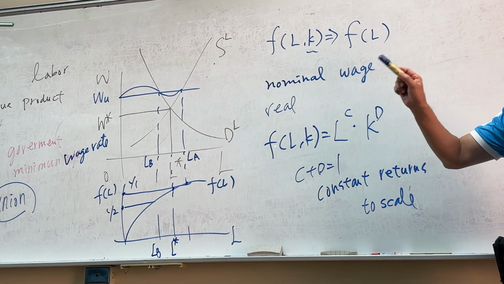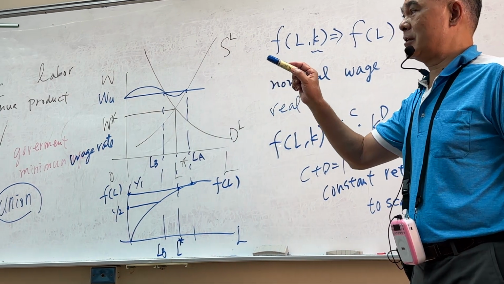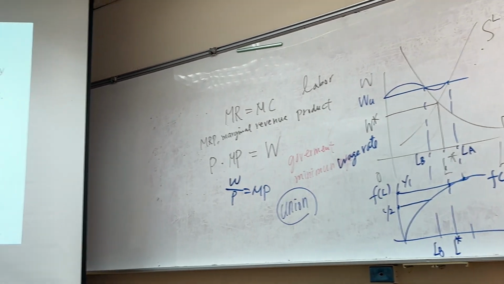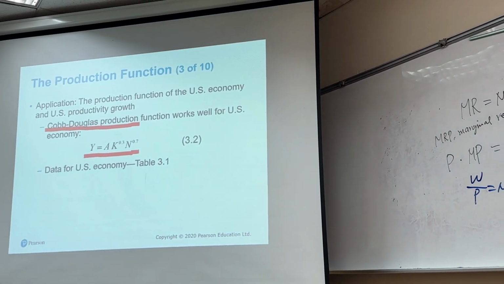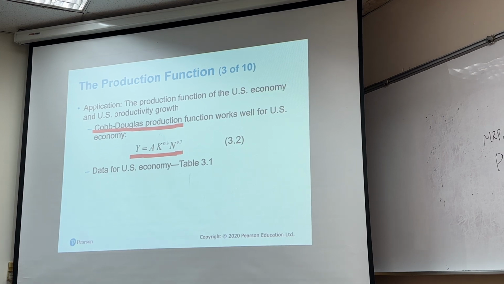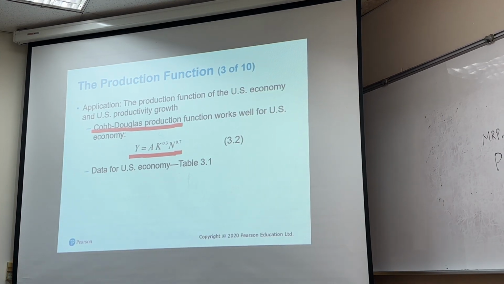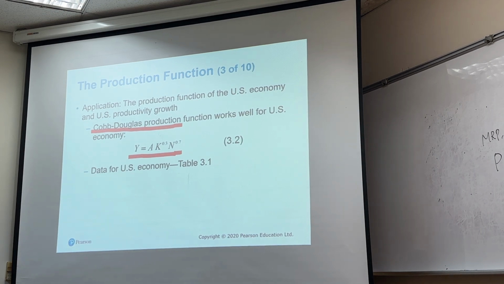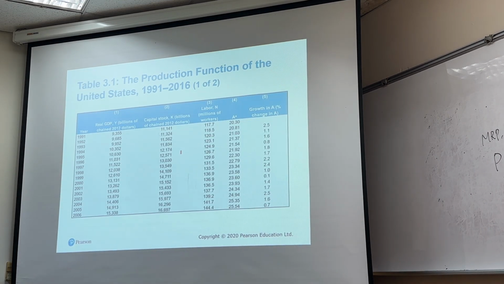There's a specific meaning for this kind of production function, but just treat it as a production function. That's it. And let us look at the following. This is the production function of the United States. We just need a rough idea, that will be fine.